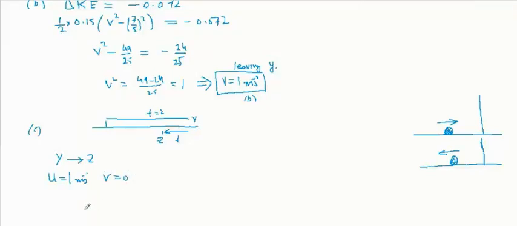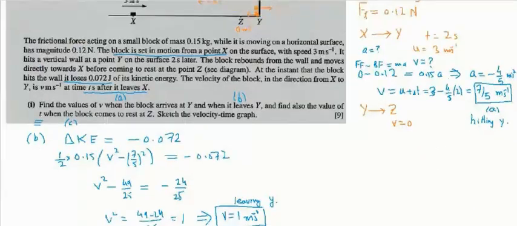It's given in the question statement. And deceleration will be the same because it's the same object and same surface. So the friction, which is in the forward direction, will be the same when it is coming back. The acceleration will be minus 4 over 5. 5 over 4 or 4 over 5? 4 over 5. This one.